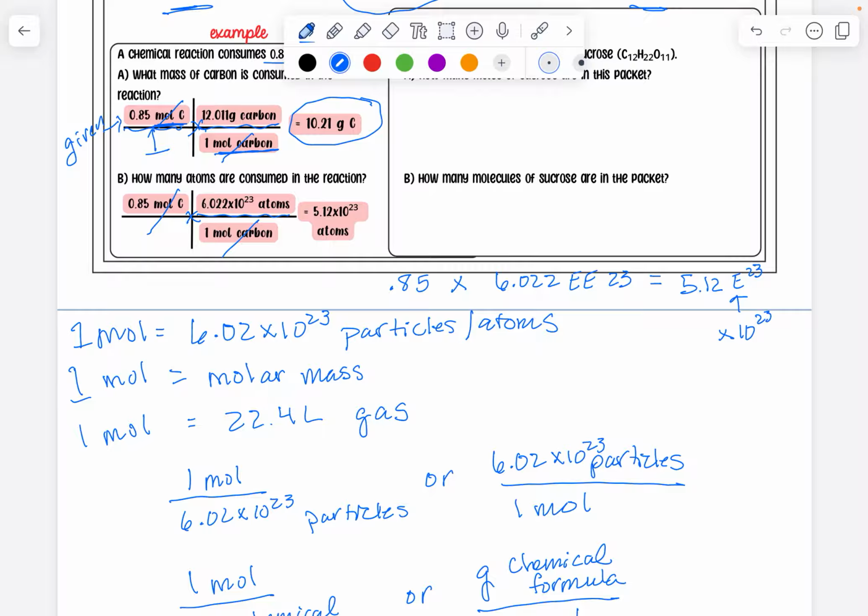So please take the time to look at your calculator. Sometimes the e won't even be there. It'll just do this, and you have to know that it means times 10 to the 23. But there's YouTube videos for all the different types of calculators out there, but please make sure you look up how to use your scientific calculator and make sure that you know how to use it in scientific notation form.